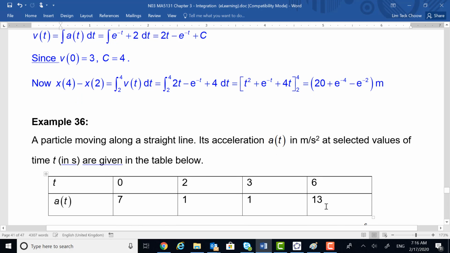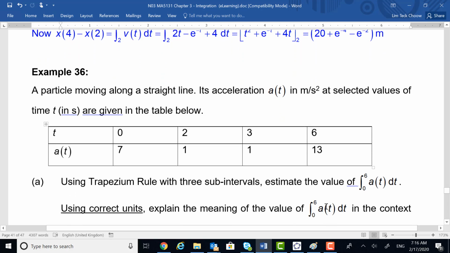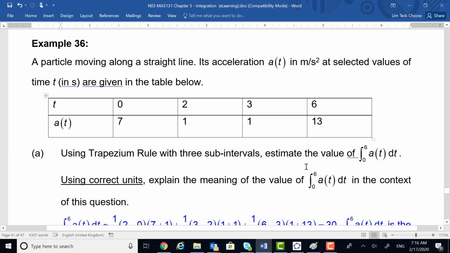And example 36. In example 36, you're not given a function, you're given a so-called table of values. These are the acceleration values and this is the time value. Now in the first part, they ask you to use the trapezium rule to find this integral. So you use the trapezium rule with 3 intervals. You know 3 intervals? This is 1 interval, 2 to 3 is an interval, and 3 to 6.